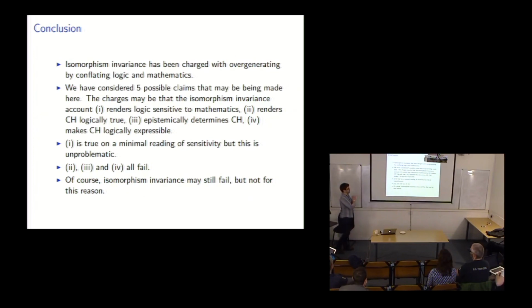We considered a couple of ways of trying to get to the conclusion that CH is logically true, and argued that those fail. We considered a couple of ways to create an epistemic problem here, and saw those fail, and then for the expressibility point we dug our heels in. Now, isomorphism invariance of course might still fail, but the claim here is just that it doesn't fail for this reason of conflating logic and mathematics.